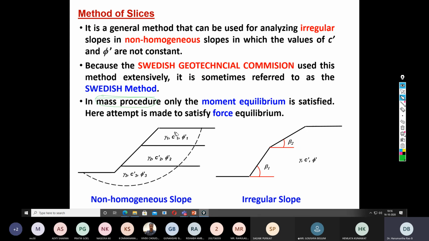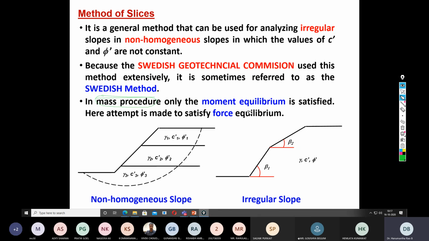We know the weight of the whole mass of the soil, and we know the lever arm distance at the assumed center of the circle. If you take the moment about the center of the circle, then we have taken the moment equilibrium between the weight of the soil and the resistance offered by the soil. So this is called moment equilibrium.